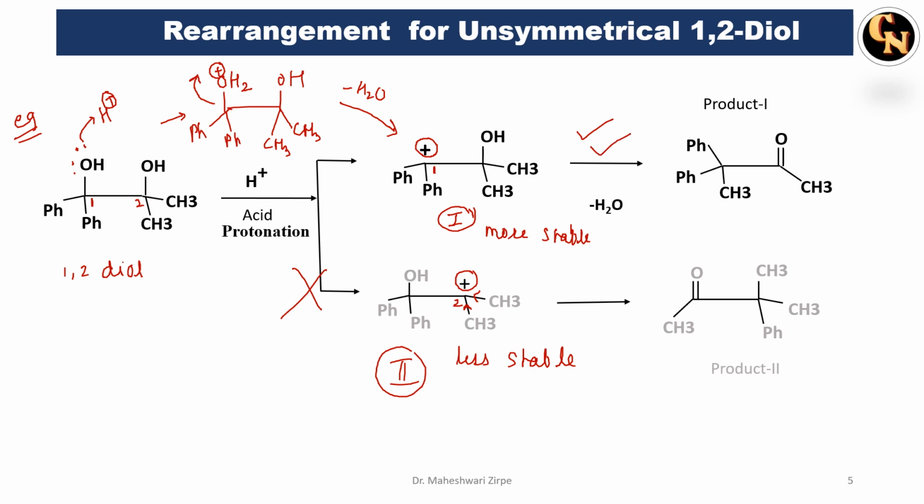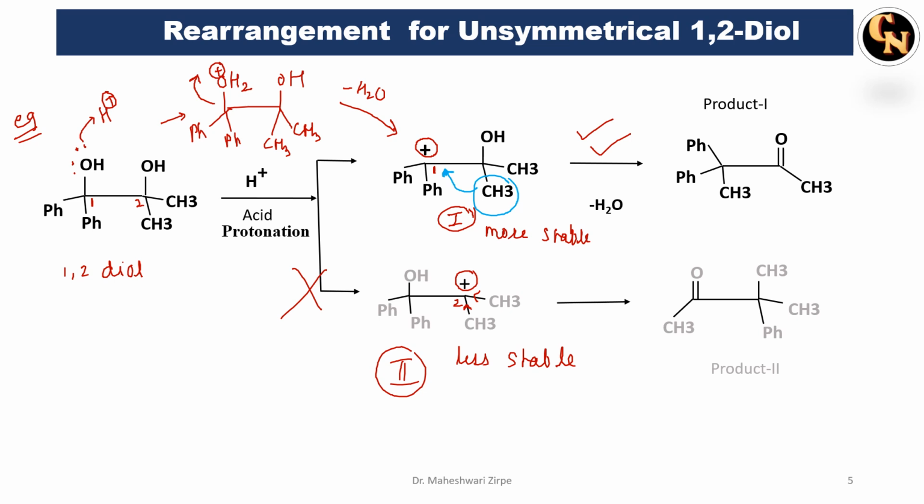And in the last step, there is rearrangement. One of the methyl groups, let me show with the blue color here, will get rearranged. There is a 1,2 shift which is going to take place, and it will go and try to stabilize the positive charge.